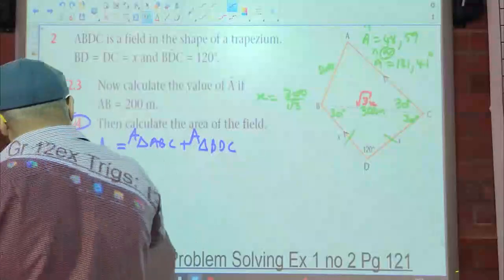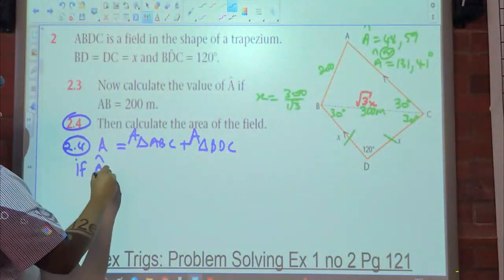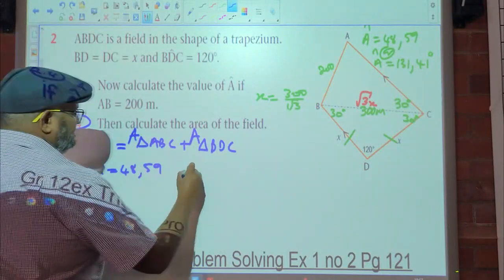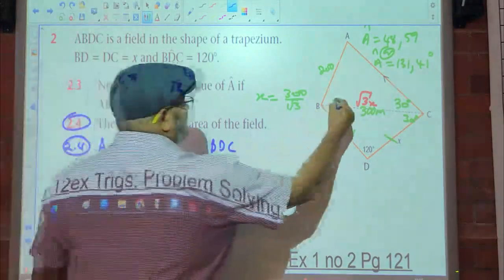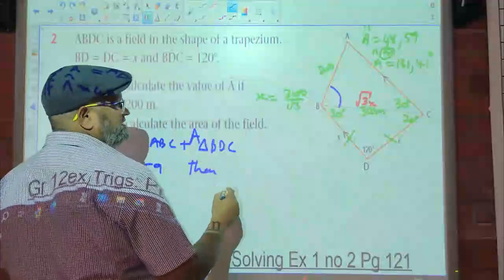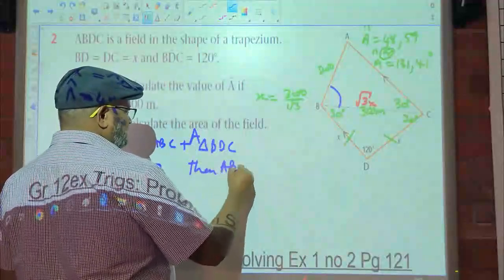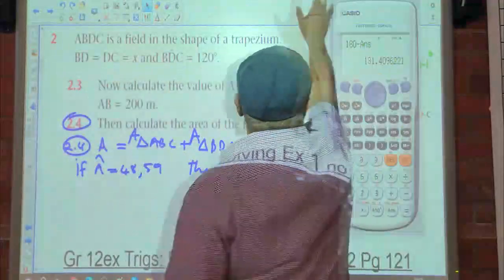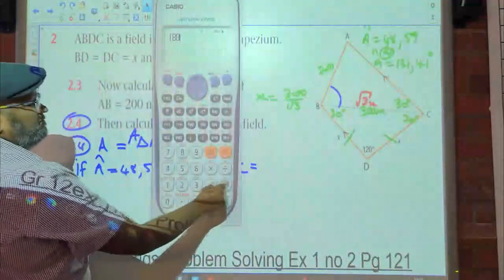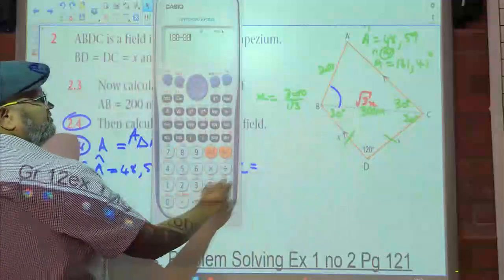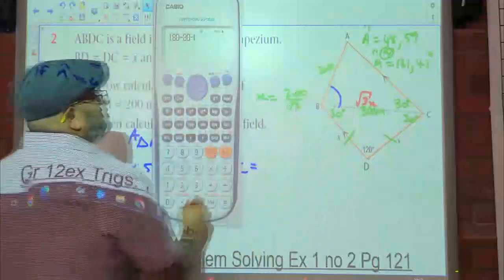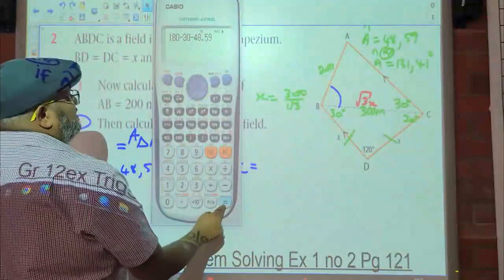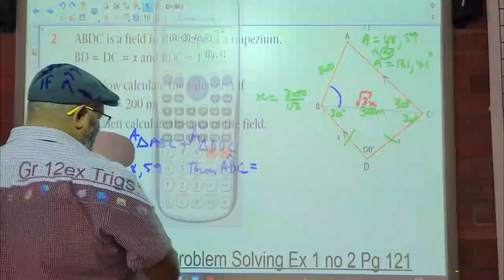So if angle A was 48.59, then this angle here, ABC, is equal to 180 minus 30 minus 48.59, which gives me an answer of 101.41.